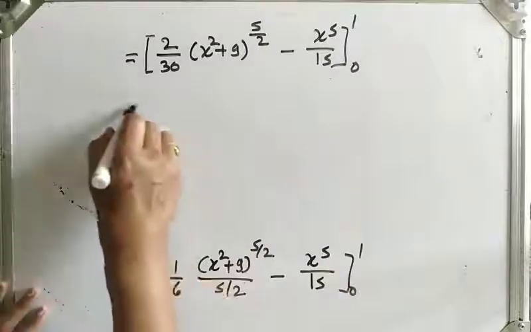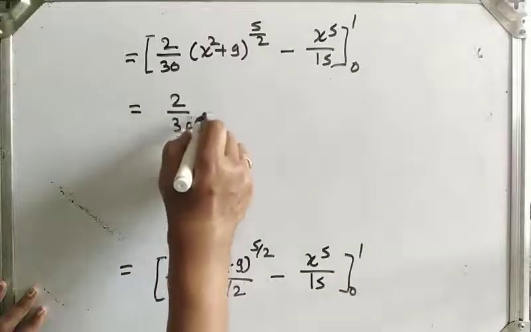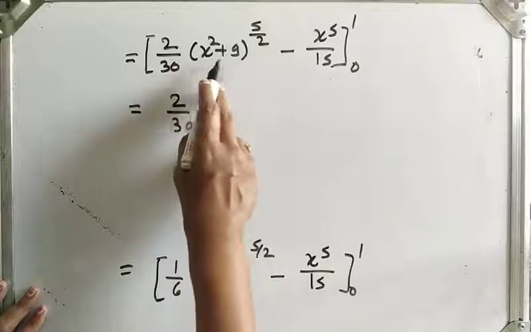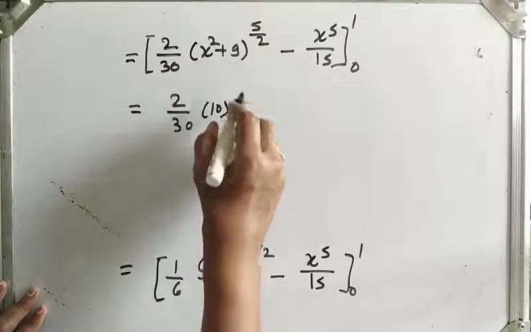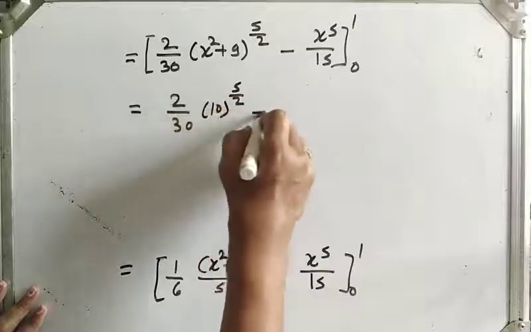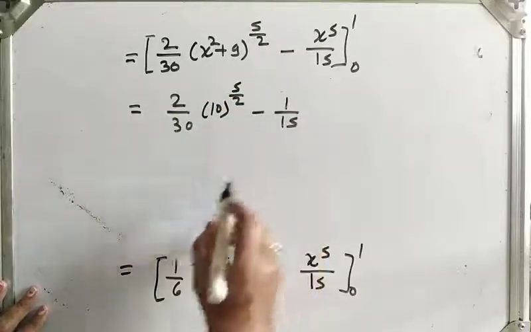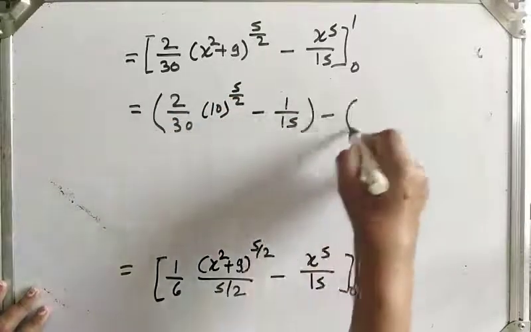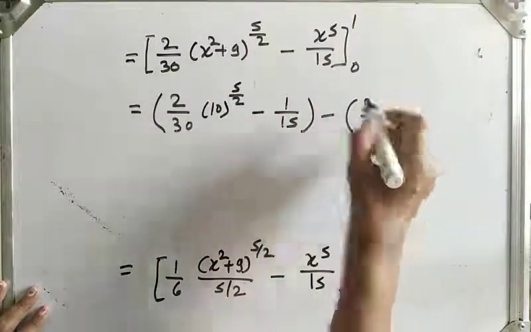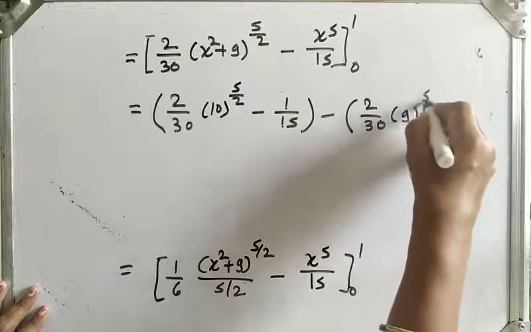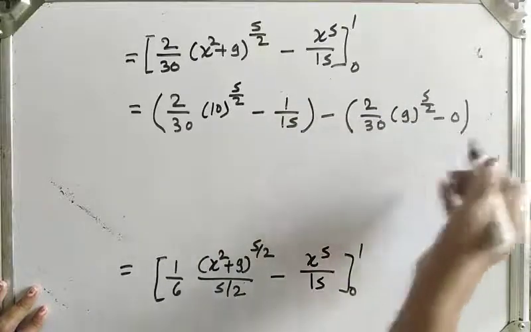Now let us apply limits. 2 by 30, x is 1 plus 9, that is 10 raised to 5 by 2 minus 1 upon 15, minus, now apply 0. So 2 upon 30 as it is, 9 raised to 5 by 2 minus 0.